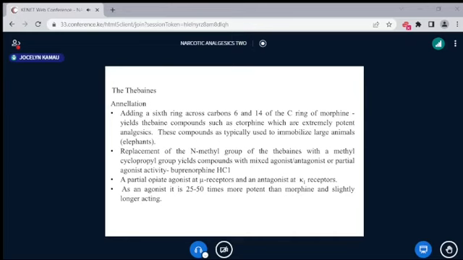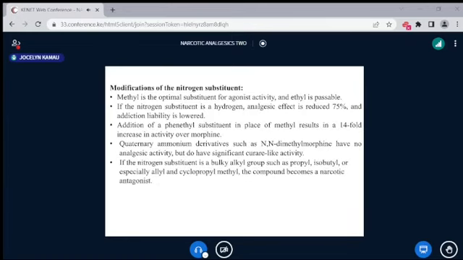Finally, we look at the modification of the nitrogen substituent. Again, we have mentioned it, and we are saying methyl is the optimal substituent for agonist activity, and ethyl also can be used. Ethyl is possible because we have said 3 to 5. So methyl, ethyl, that is okay. That is to give you activity.